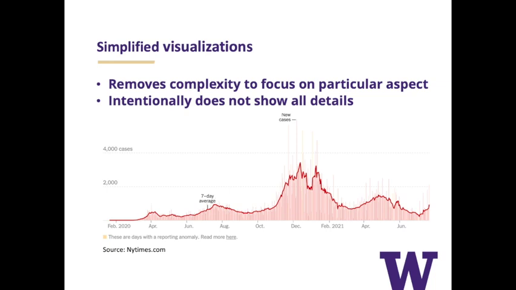But we don't see all the places where the cases were recorded. We don't know how that fits with the positivity rate or how much error is in this. But it does show us at a glance what the state of the positive case counts was at different stages of the pandemic. So it's simplified because it removes a lot of extra details that could distract us from the point.